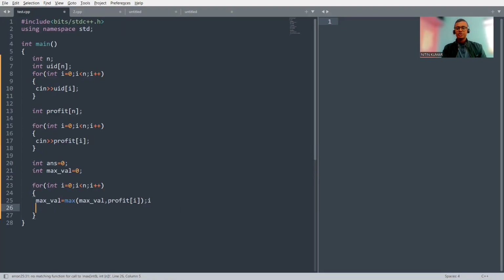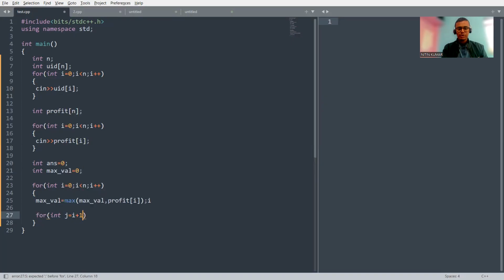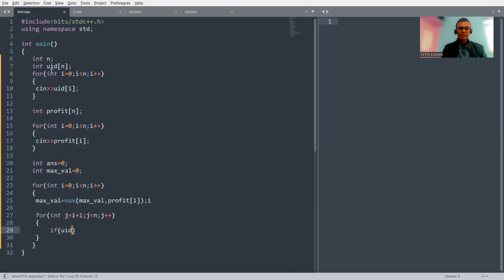And now the second constraint is checking for consecutivity. So for int j equal to I plus 1, j less than n, j plus plus, and now we have to check if it is consecutive or not. So UID of I is equal to UID of j.